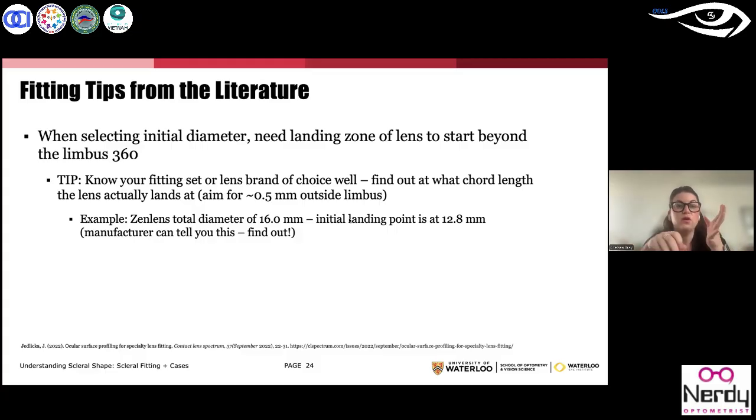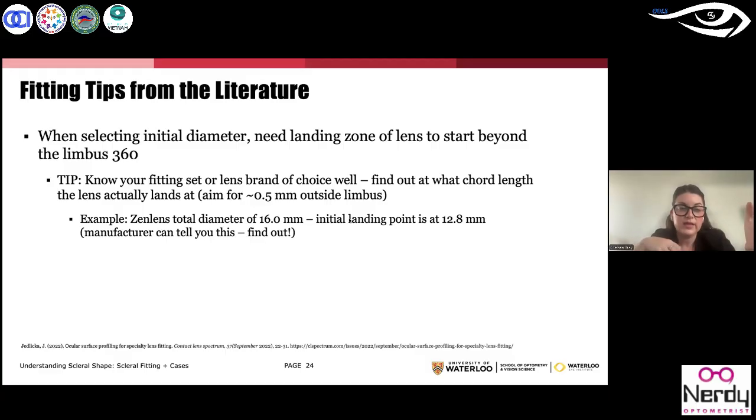So really know your fitting set, whatever lens brand you're choosing to work with. A tip would be to find out what chord length that lens actually lands at. Not the total diameter, but the diameter at which that lens first touches down to that patient's eye. We want it to be outside of the limbus, ideally by about 0.5 millimeter, all the way around.